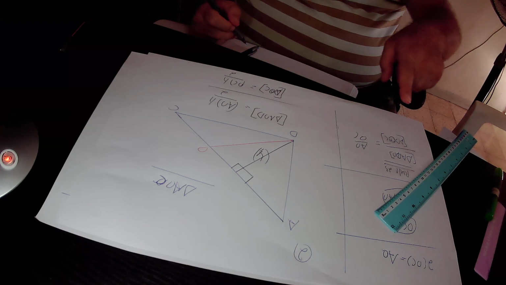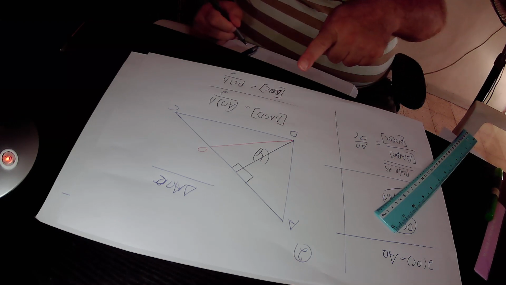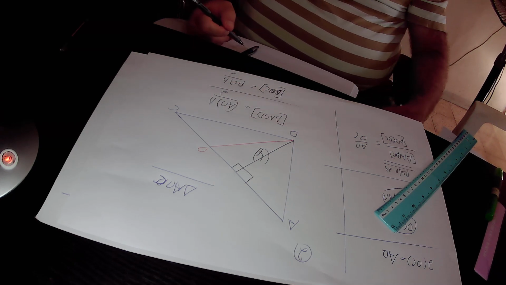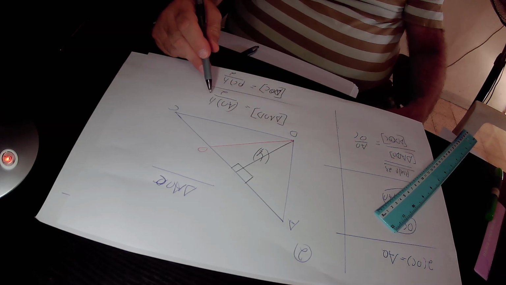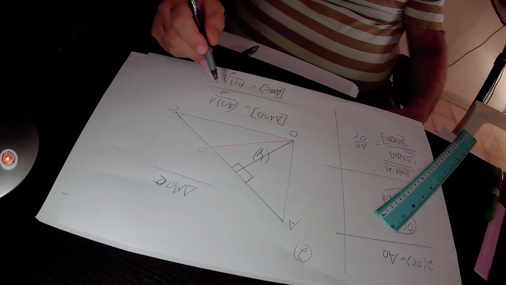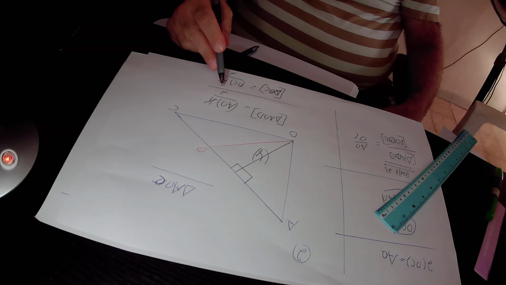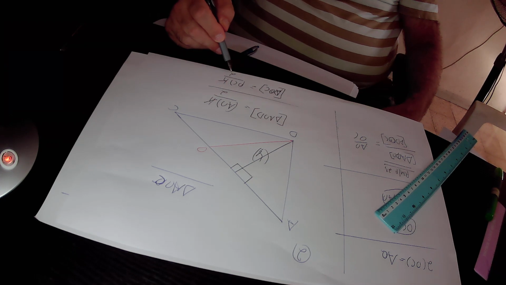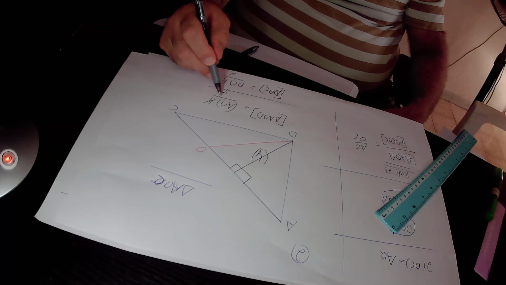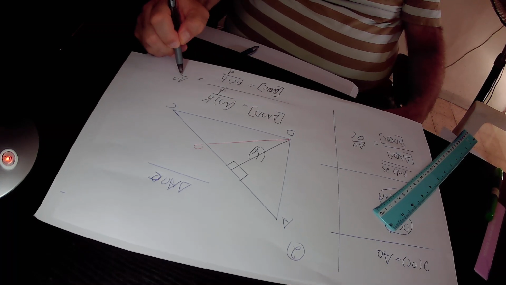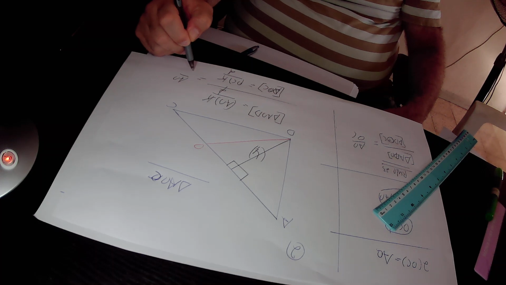And the area of triangle AOD over the area of triangle DOC is the ratio between those two expressions. So here we have h in the numerator and h in the denominator, so h will get cancelled. And we also have 2 in the denominator and 2 in the numerator, so 2 also gets cancelled, and we're left only with AO over OC.